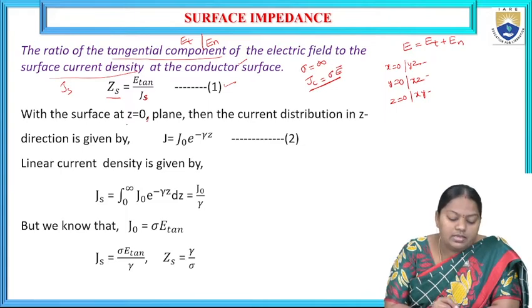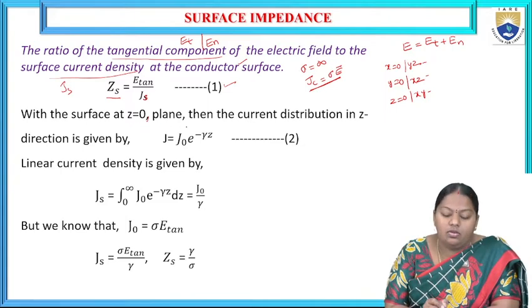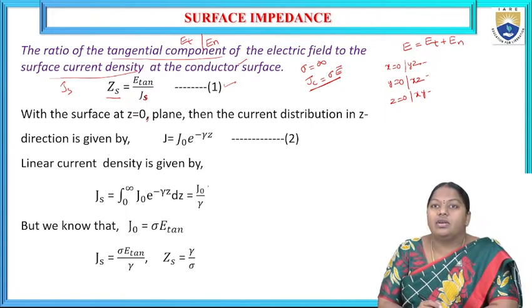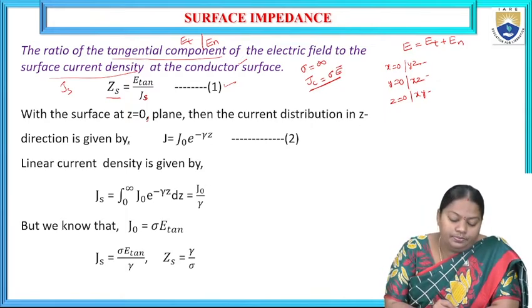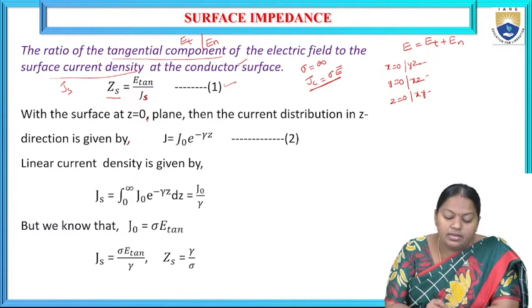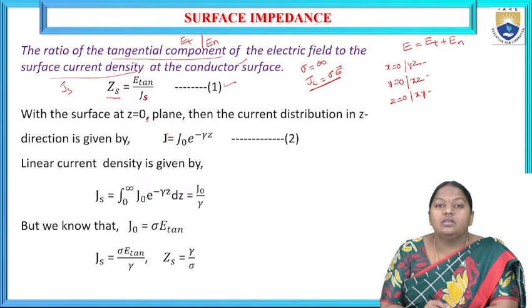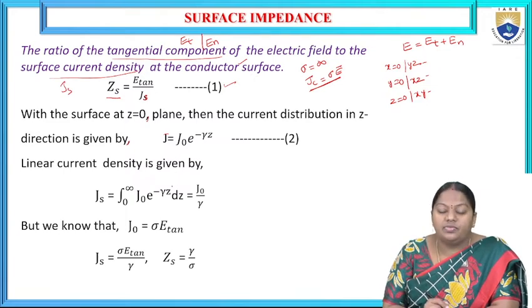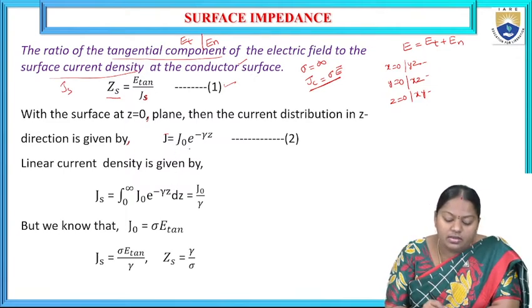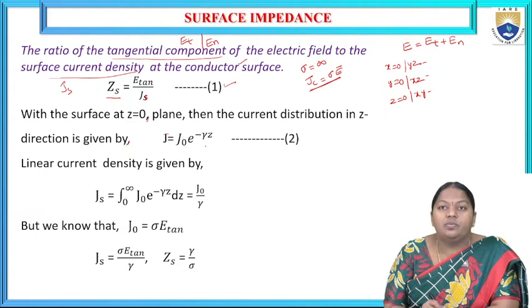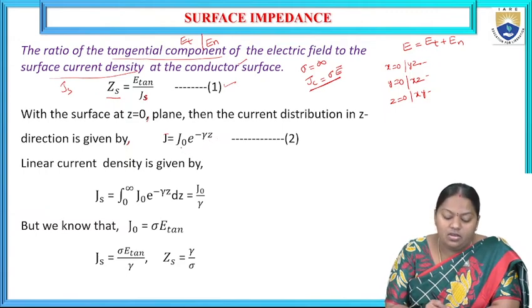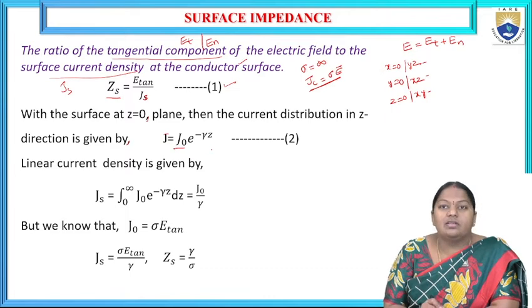So with the surface at z equal to 0 plane, the current distribution in the z direction is given by J equal to, so this current density J can be expressed in terms of its magnitude and phase function, meaning J is equal to J naught into e power minus gamma z, where J naught is the magnitude of this current density and e power minus gamma z is the phase function.